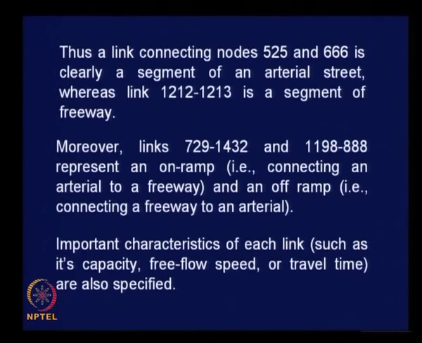Or travel time along each link by a particular mode is also another important characteristic of a link, right. Capacity, free flow speed, travel time, these are all link characteristics which are very relevant for planning purposes, right. And this information can also be given in addition to the node numbers to indicate nodes and links. So each link must have information with regard to these characteristics also.